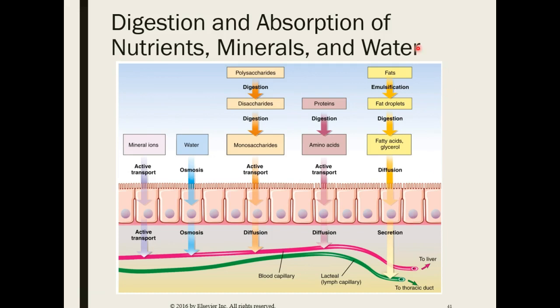So there's always going to be a breakdown of these. So polysaccharides, meaning many, is going to be broken down into disaccharides, and then monosaccharides, and then through active transport, it goes through the layer of the intestines and then is diffused into the blood.